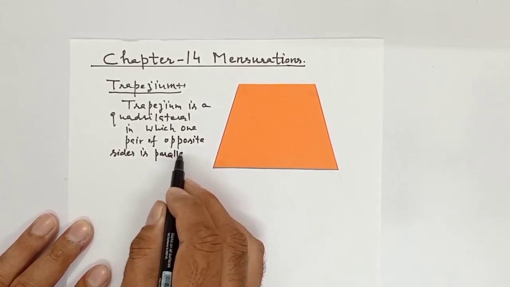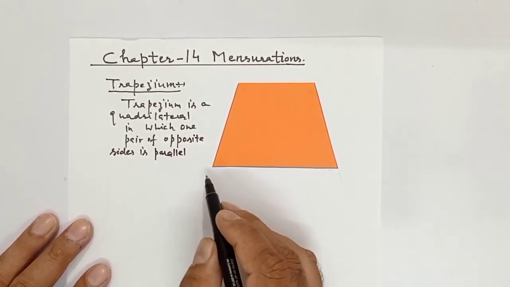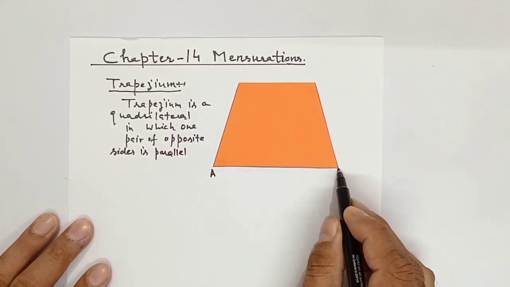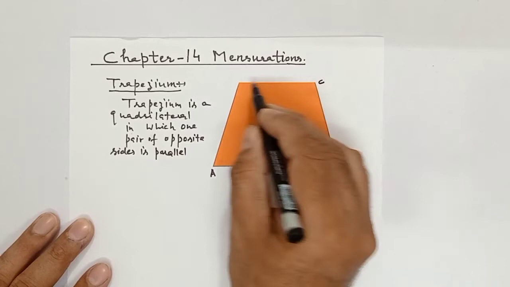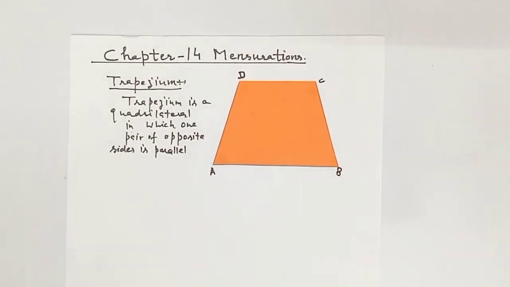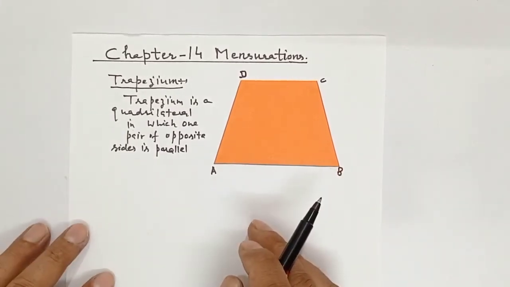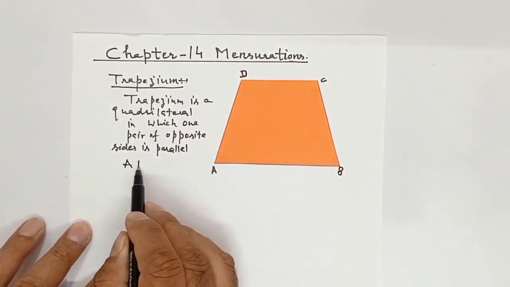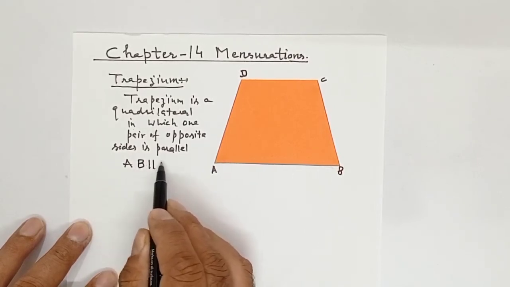So you can see in this figure, I am naming it as A, B, C and D. This is the cutout of the trapezium. So ABCD, here it is a trapezium. Which two sides are parallel here? AB is parallel to DC.